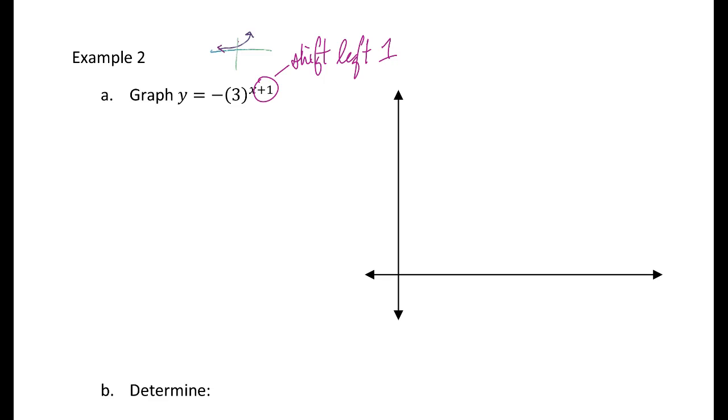And then this piece here means that I'm reflecting, but not horizontally, I'm reflecting vertically over my x-axis, which means that I'm going to draw it actually below my x-axis. So instead of it looking like this, it's going to look like this to some degree.